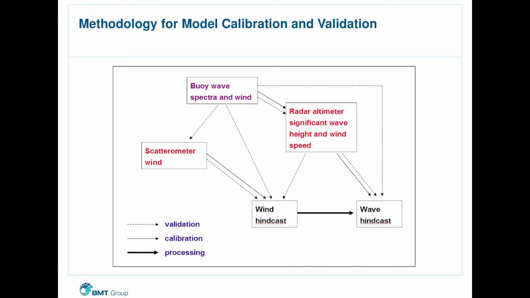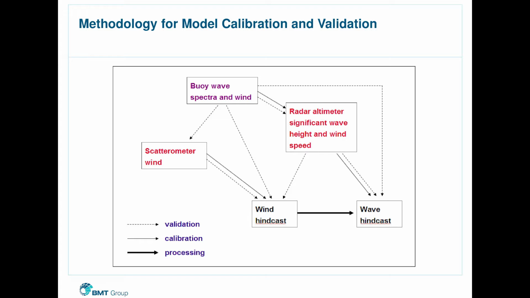And this is a bit of a busy diagram, but we start with long-term wind model data, and we can calibrate that wind data using scatterometer observations, and we can validate the scatterometer observations by long-term in-situ buoy measurements.